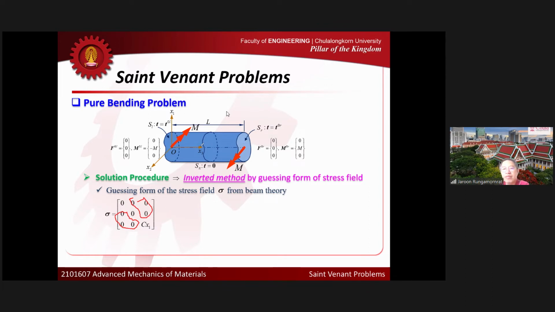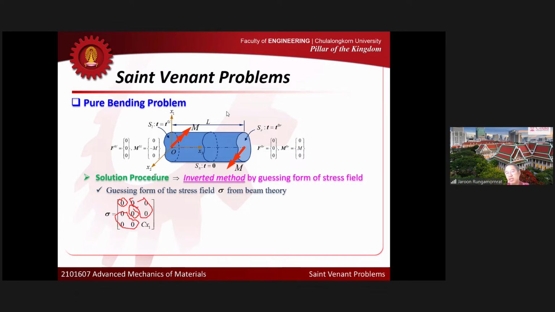Sigma 11 and sigma 22 should be zero, right? Because we have the bending moment about the x2 axis at the cross section. So that will generate sigma 33 alone. Okay, so that's why I guess the components here equal to 0. Okay, this is the information that I got from the beam theory.